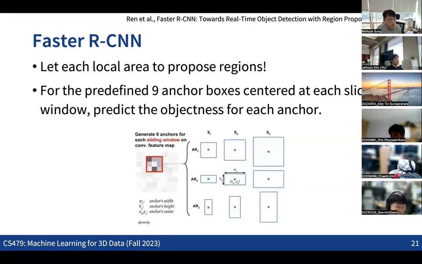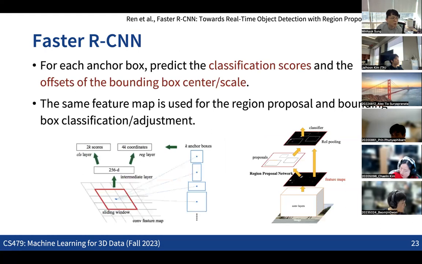For the boxes classified as bounding boxes for objects, we can also predict additional information like the classification scores and the offsets of the bounding box, the center and the scales. The key thing is that we have 2 parts of prediction in the neural network. One is proposing the regions, which is actually predicting the objectness for each of the regions.